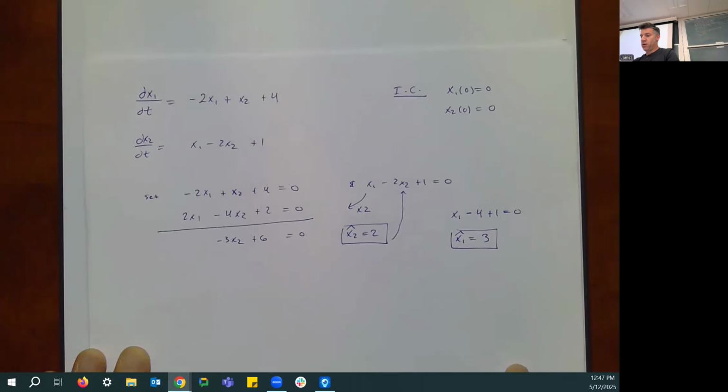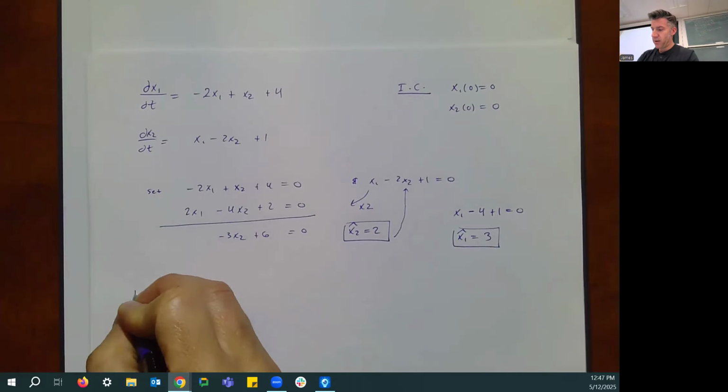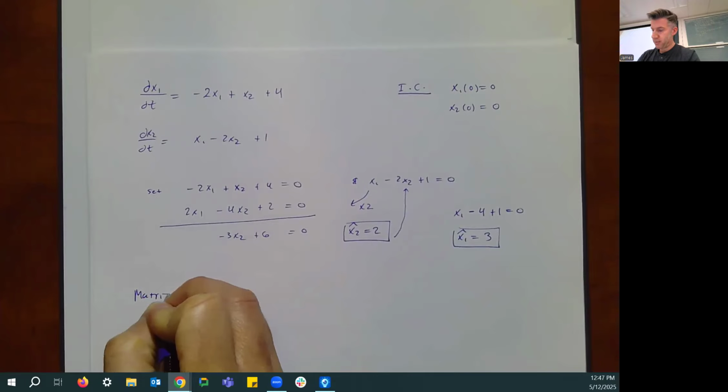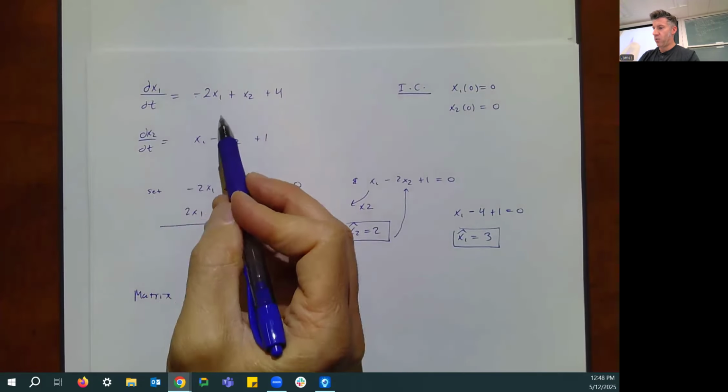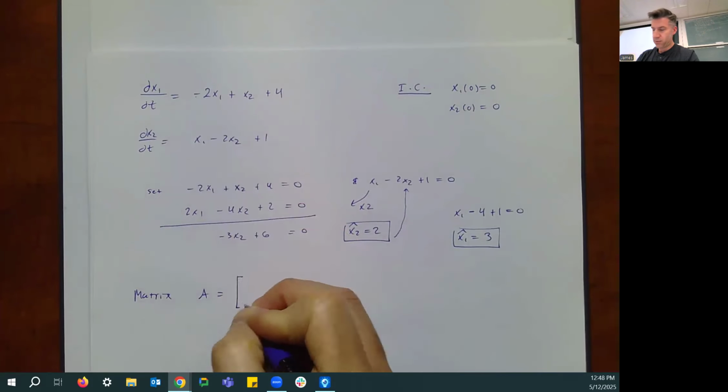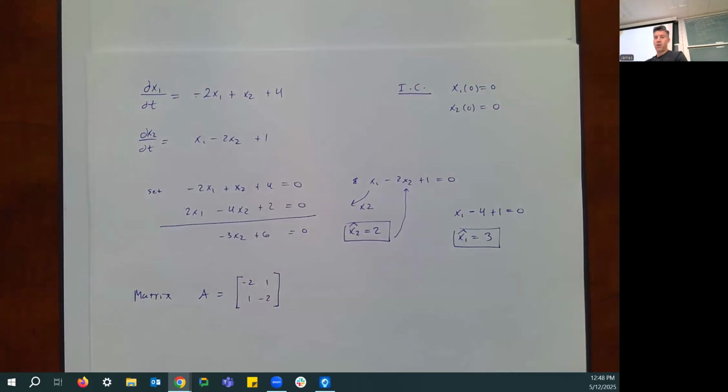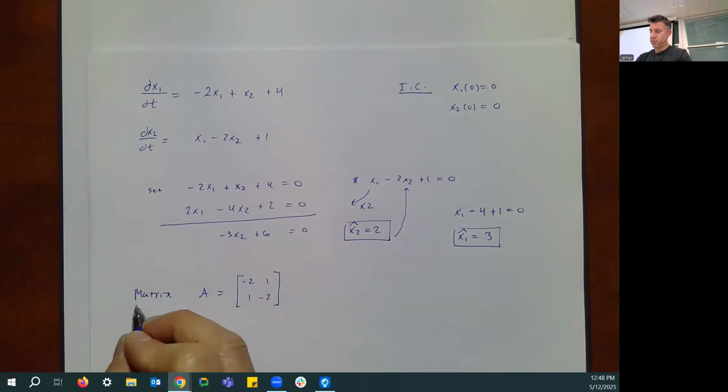So our matrix A is just the coefficient matrix: -2, 1, 1, -2. The usual process for finding the general solution is to find the eigenvalues, then find the eigenvectors.